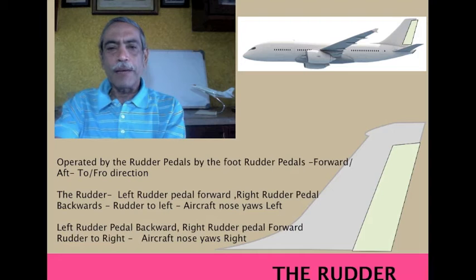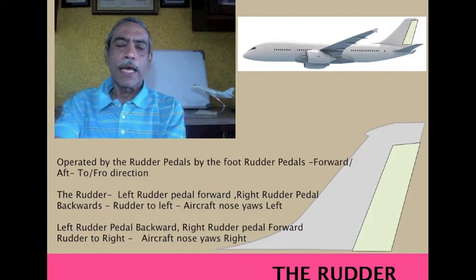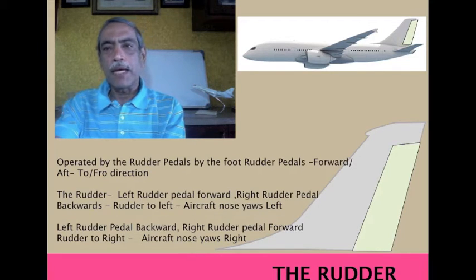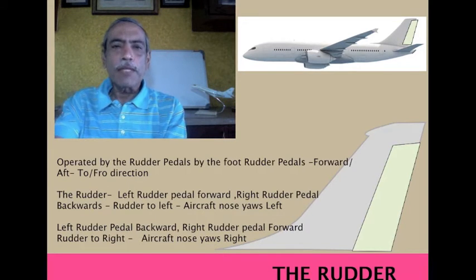When the pilot applies the left rudder pedal, the rudder moves to the left and the aircraft tends to yaw to the left direction. Similarly, when the pedal direction reverses, and he operates the right pedal forward, obviously the left pedal will come back by then.